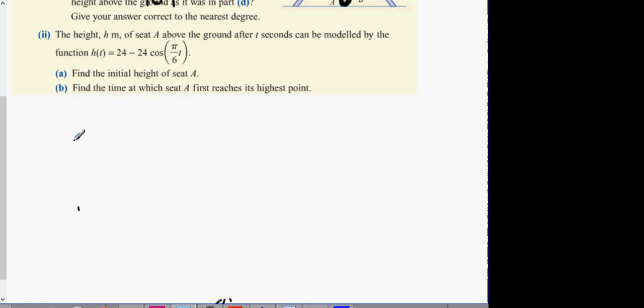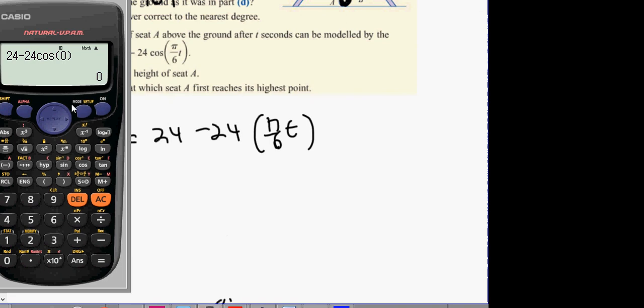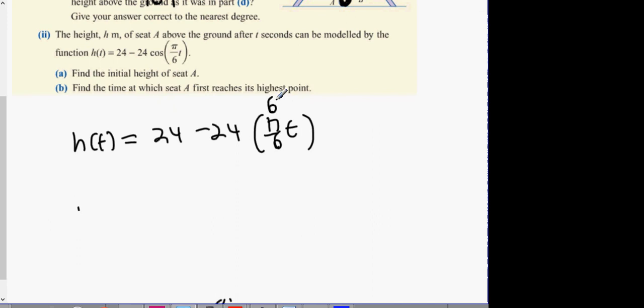Now look at this graph, guys. H of t equals 24 minus 24 cos pi over 6t. Put this into your calculator. Now look what happens for a minute. Okay, so table f of x. Now we're going to use 60 degrees, we're going to use 30 degrees. So we're going to do cos 30t instead.